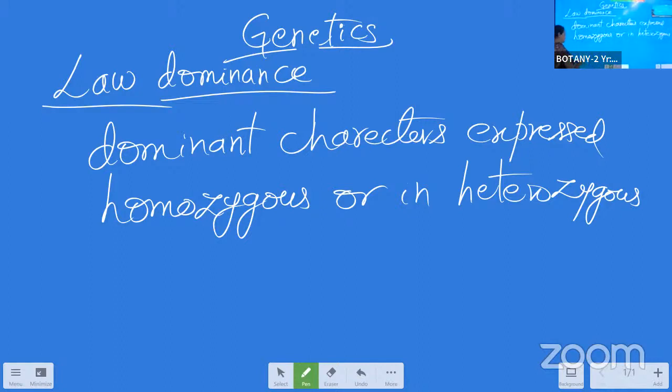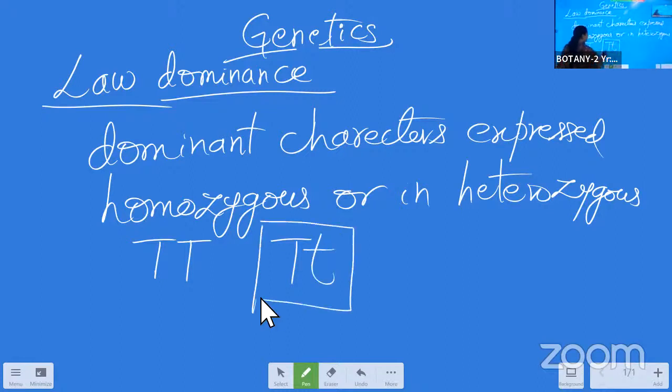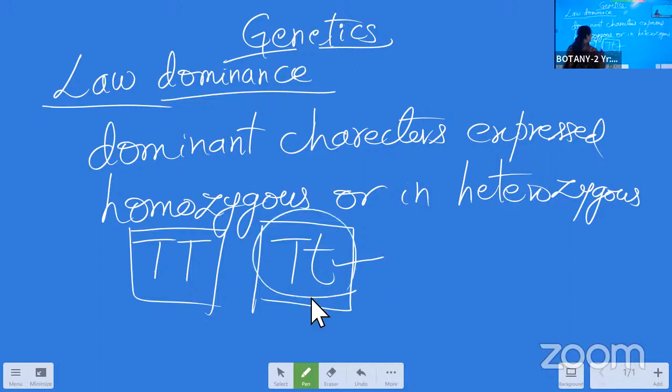Heterozygous condition means when the alleles are different, a capital letter and a small letter, representing two different characters. That is the heterozygous representation. So in the homozygous or heterozygous condition, when a character is expressed without any change, that is called the dominant character.